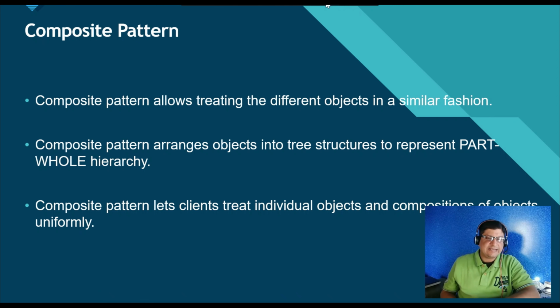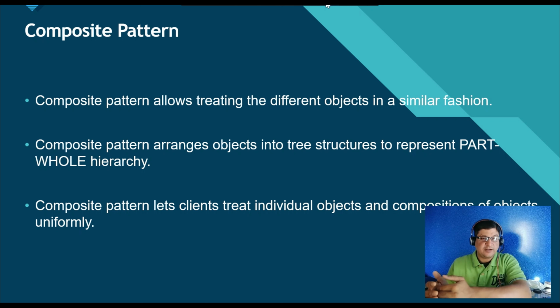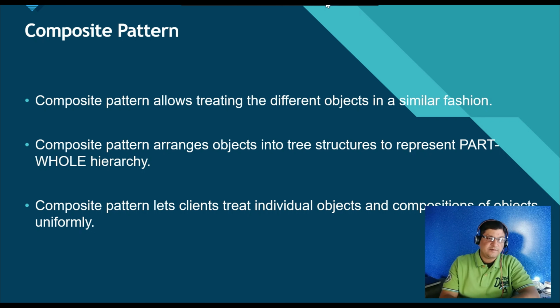Okay, let's start with the composite pattern. Composite pattern allows treating different objects in a similar fashion. In order to treat objects in a uniform manner, we need to inherit them from a common interface. Composite design pattern arranges the objects into a tree structure to represent part-whole hierarchies.